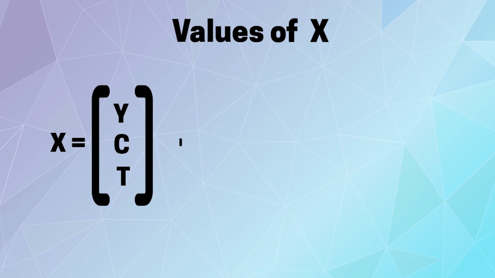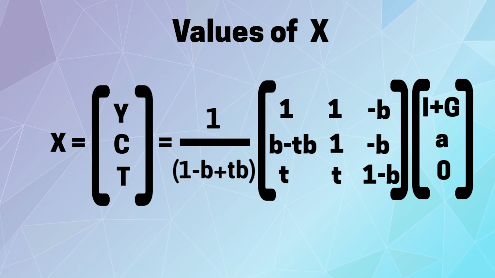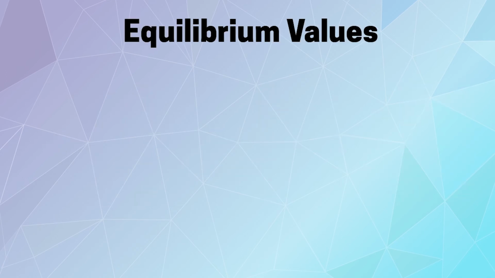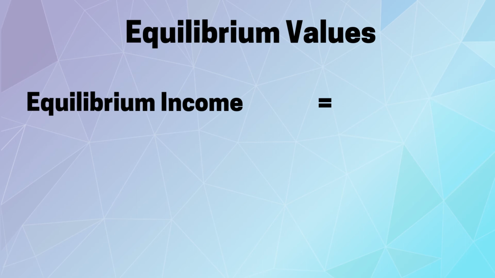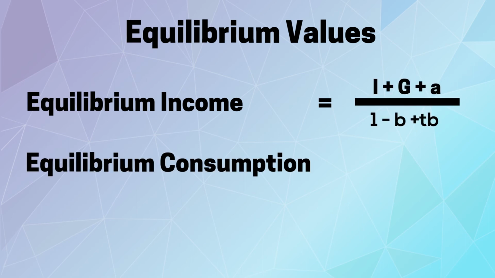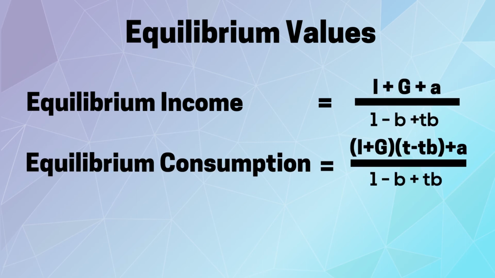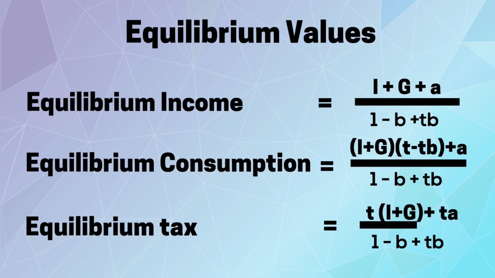Further, the values of matrix X may be calculated by multiplying the inverse of matrix A with the vector of constants. We finally determine the equilibrium income, equilibrium consumption, and the equilibrium tax for a closed economy.